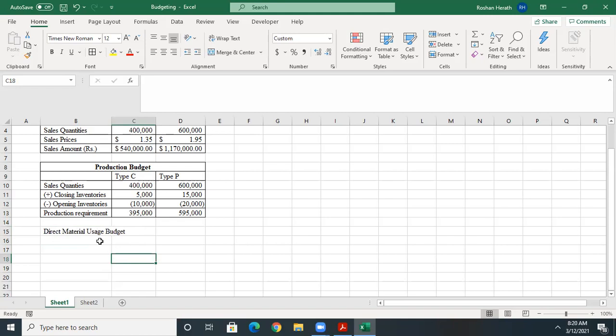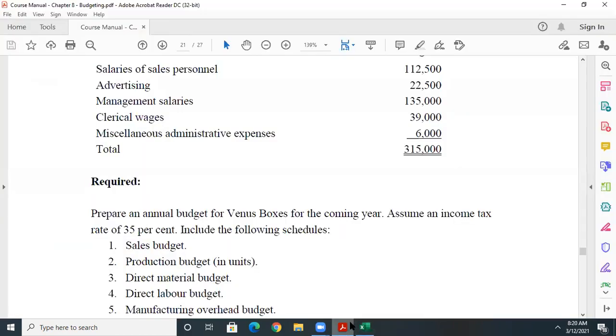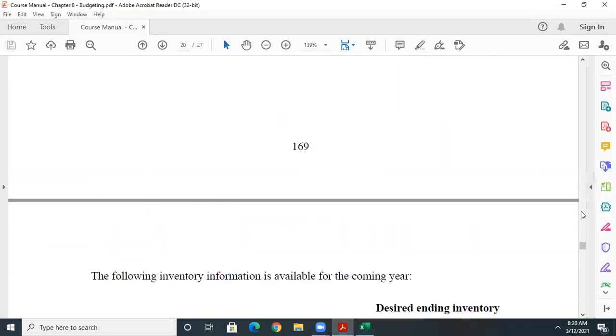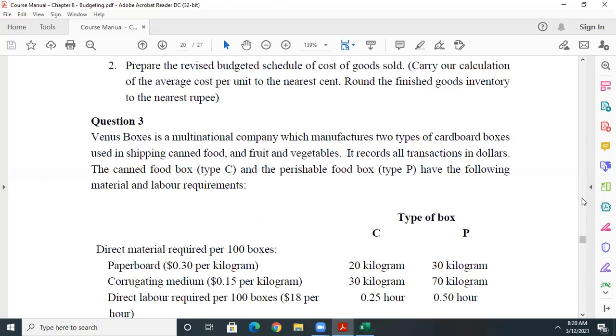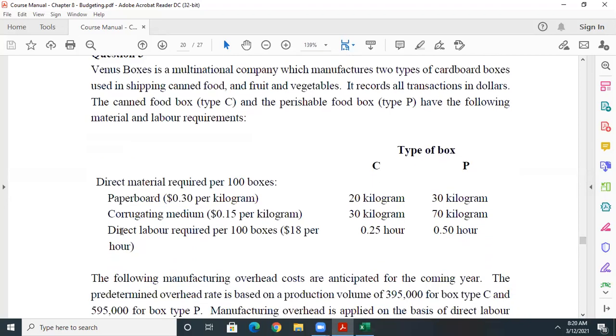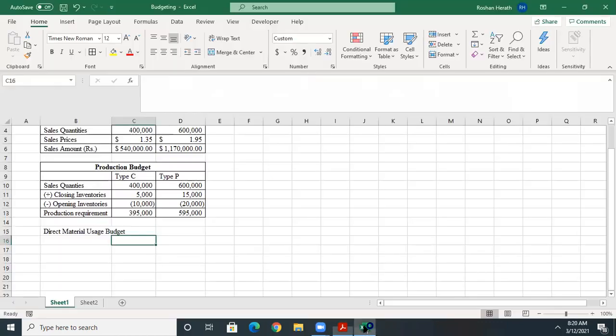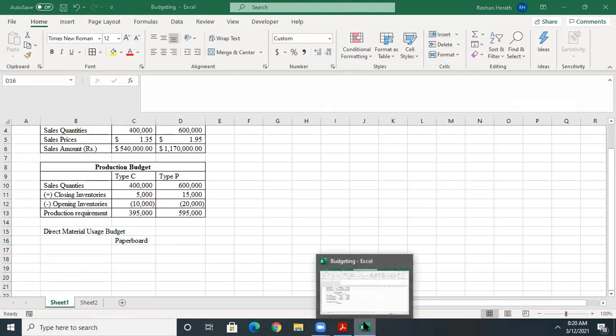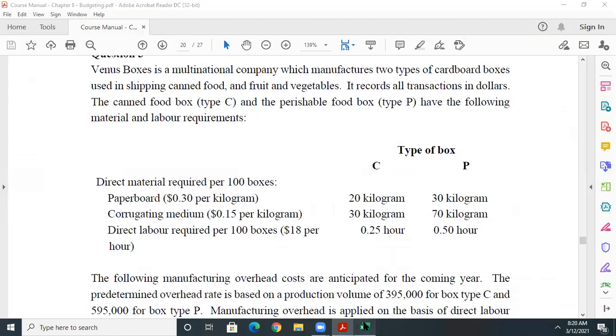Here you basically have two types of materials as we saw. One is the paperboard, and the other one is corrugating medium or something. I'm not familiar with that term, but let's take that.